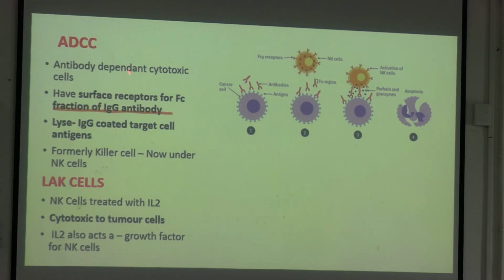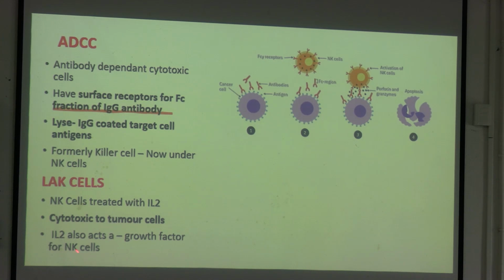They have a surface protein, as I said, a fraction of the IgG antibody is produced on the surface. So where they see that there is an IgG coated cell, the partial surface coated IgG goes and binds with it, and from that binding they are activated as NK cells and they produce the apoptosis. So this is called antibody dependent cytotoxicity, ADCC.